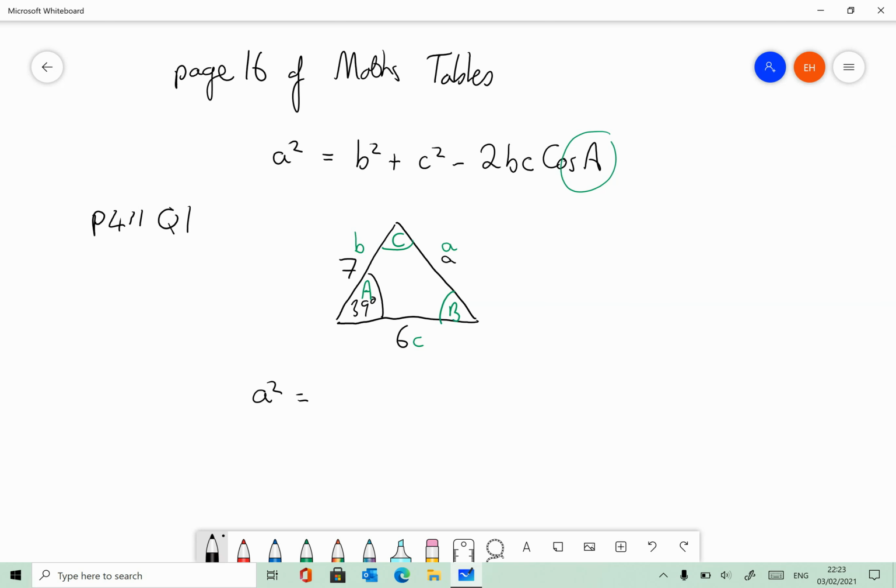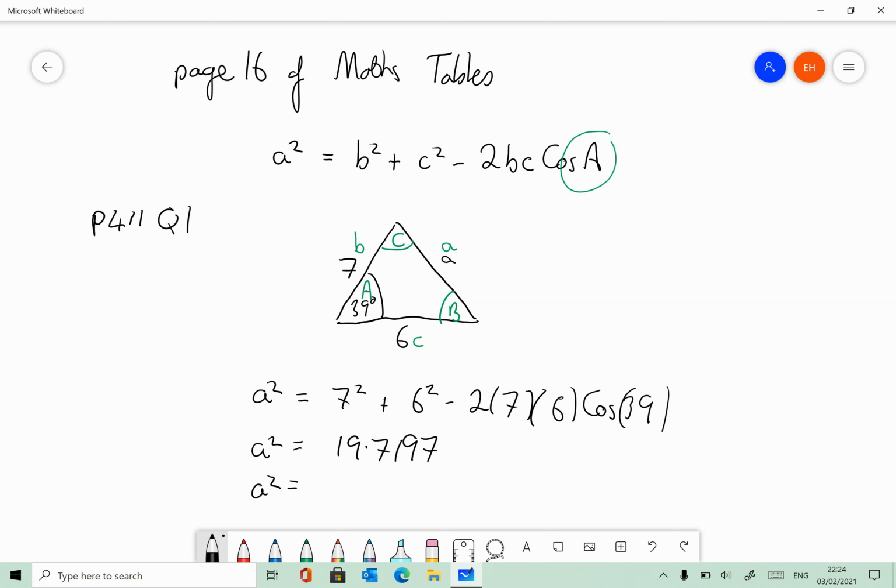So a squared equals 7 squared plus 6 squared minus 2 times 7 times 6 times the cosine of 39, which is equal to 19.7197.